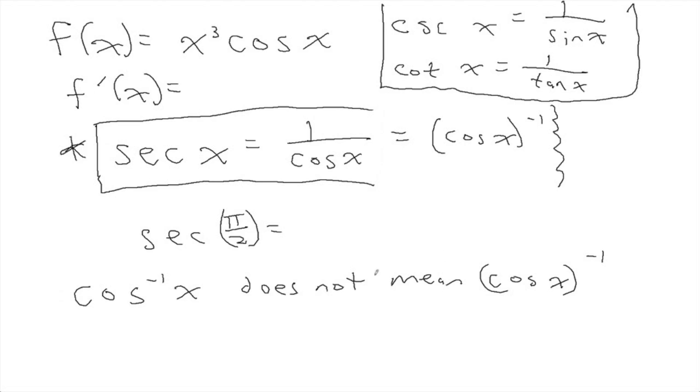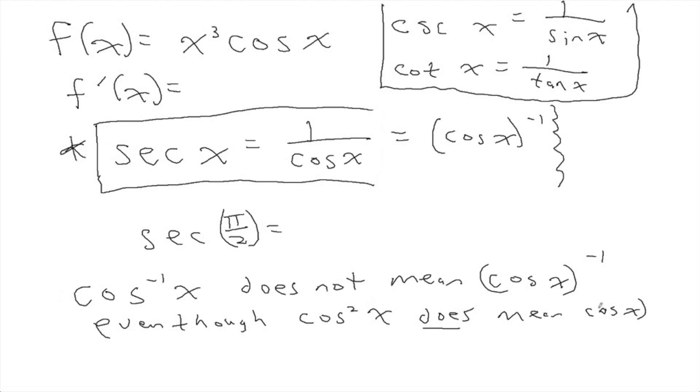Even though the notation is very bad, cosine squared of x does mean cosine of x, squared.